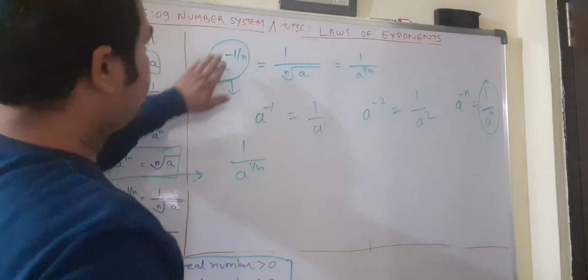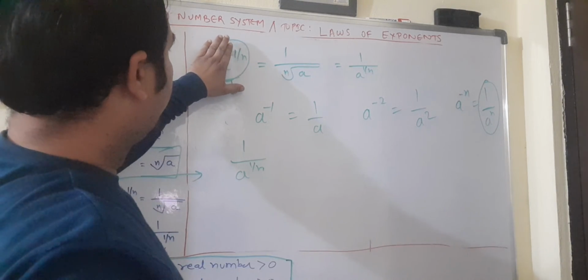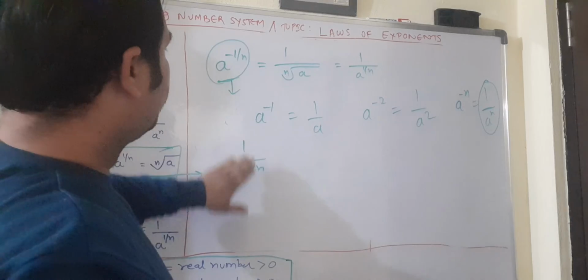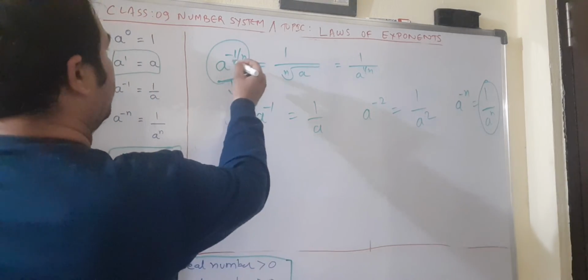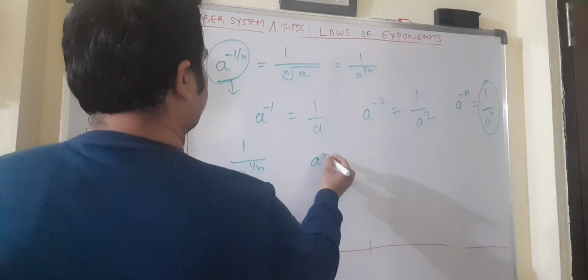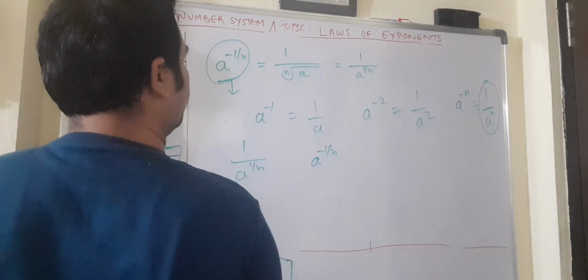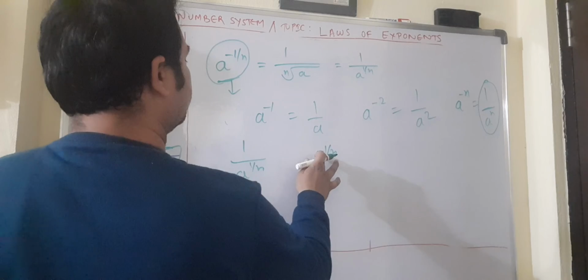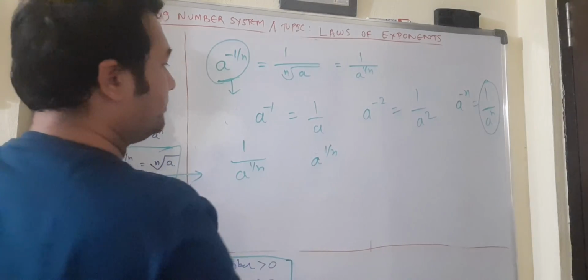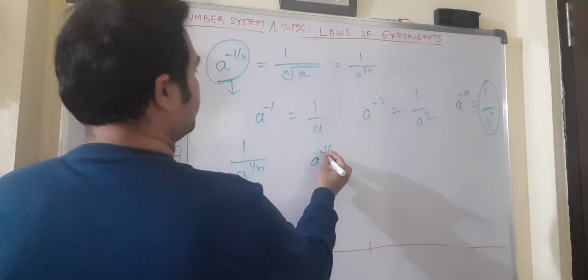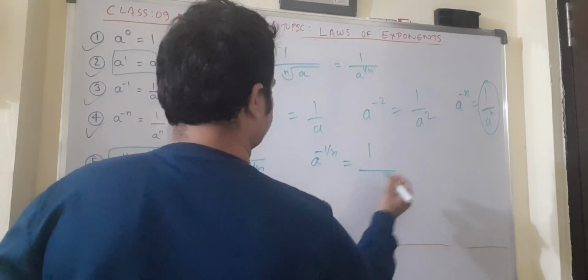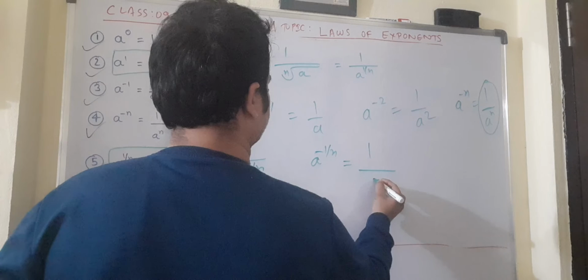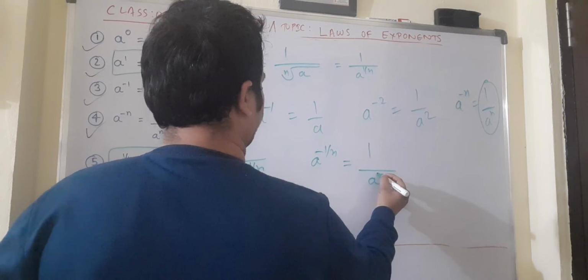Forget this minus sign after you have already made this a reciprocal of the number given. So if you forget this minus sign, what will you be left with? A to the power 1 by n. So this minus sign will only help you to get this.